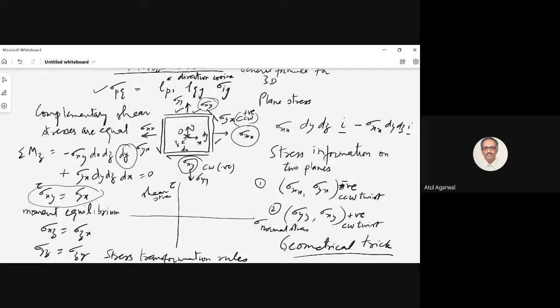Now here you see sigma xx, and you are having a negative value. So here you are at sigma xx, and you will go downwards. So this point becomes sigma xx, sigma yx. You can put a negative here. And then you have the point sigma yy, sigma xy.